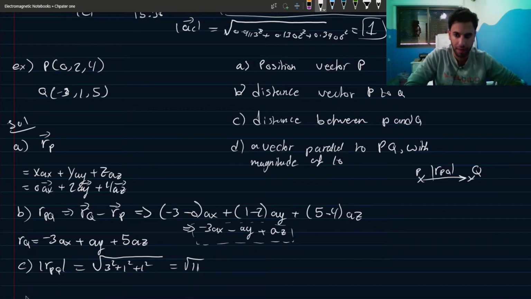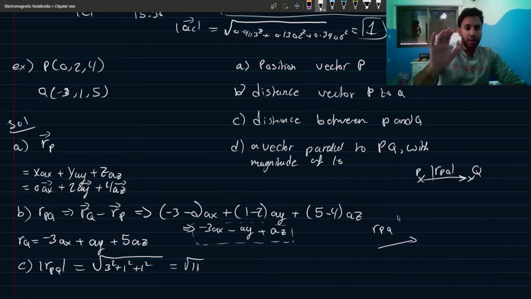So now to section D. A vector parallel to PQ with a magnitude of 10. Let's think about this one. We have vector PQ, which is R_PQ. It's the same one. There is a parallel vector to it. What is a parallel vector?